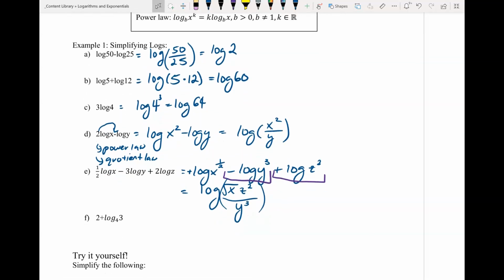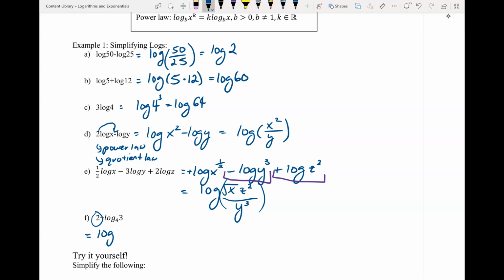And then lastly, for example F, this only works when you have the same base. So if you looked at examples A through E, we had the same base of 10 for our logs. Here we have a base of 4, which is fine. But here, this is not even a logarithm, it's just a number 2. So what we can do is rewrite 2 in terms of log base 4.